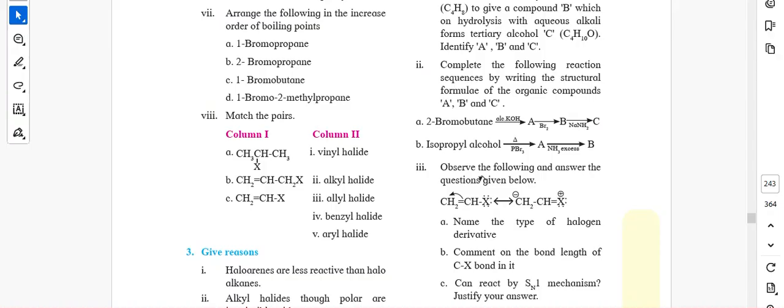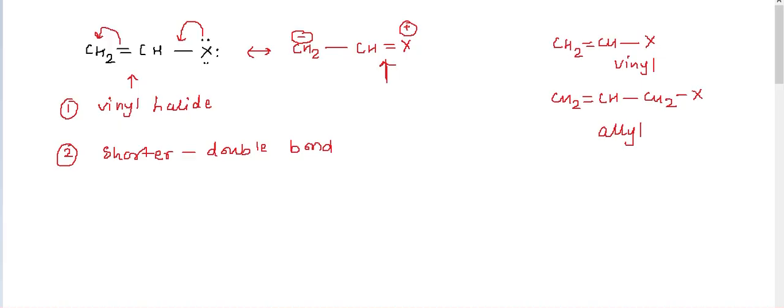And the answer to the third question, can it react by SN1 mechanism? Justify your answer.